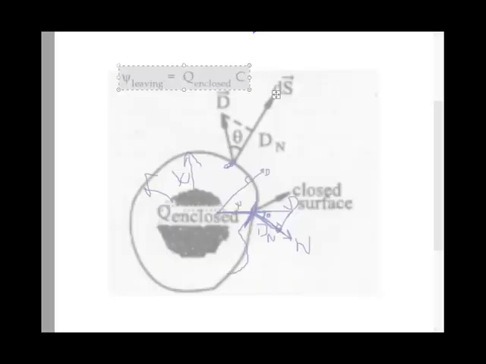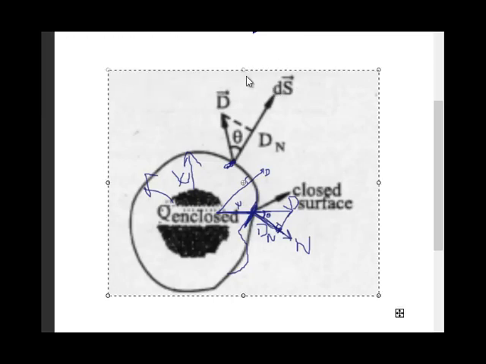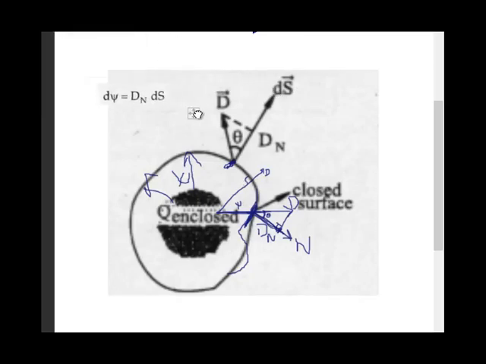So we can find d psi as dN into dS. dS is the differential surface, and d psi is the differential flux coming from the differential surface, and dN is the component in the normal direction. You can see here in the normal direction the component of flux density or displacement density is given by dN. So d psi is dN into dS.